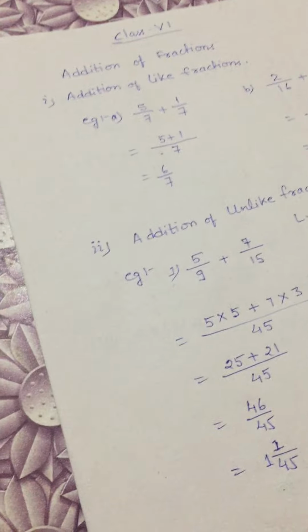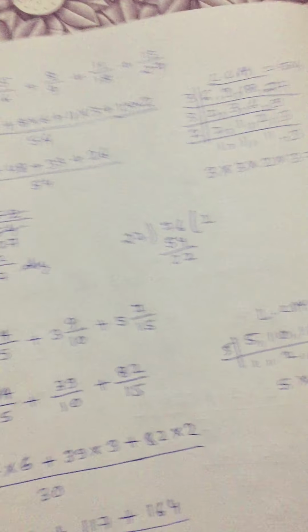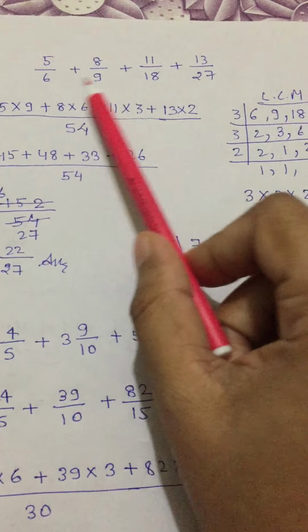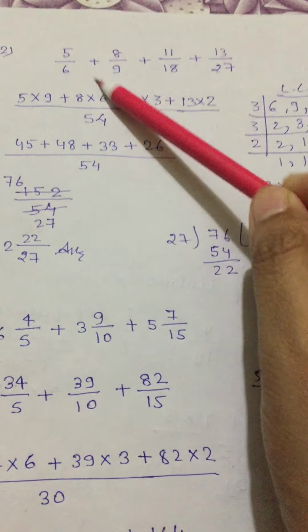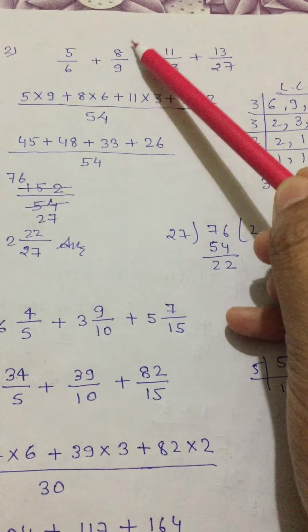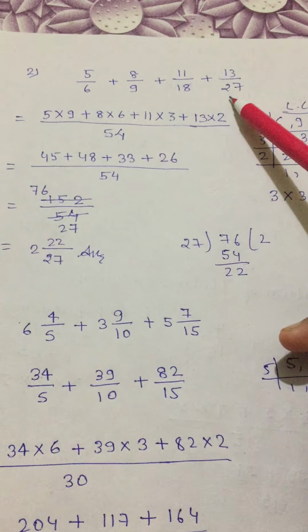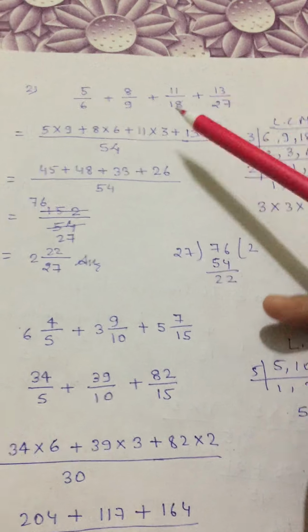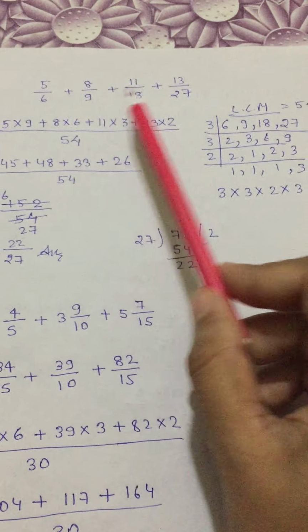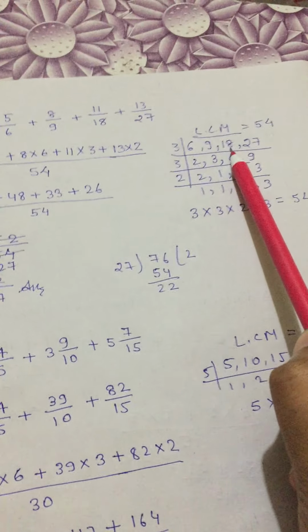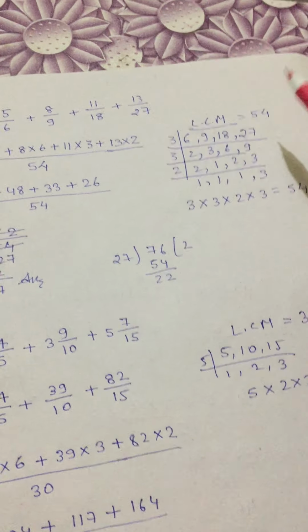Next see another example. Here 4 fractions are there. 5 by 6, 8 by 9, 11 by 18, 13 by 27. 4 denominators are there. 6, 9, 18, 27.